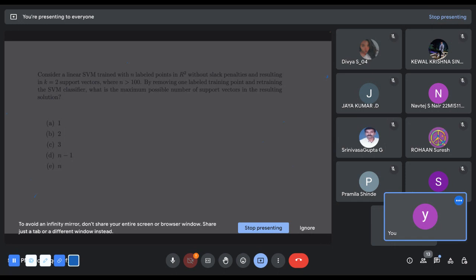When you train initially, you have two support vectors, right? Now you remove one training point and train the classifier again. What is the maximum number of support vectors that is possible?